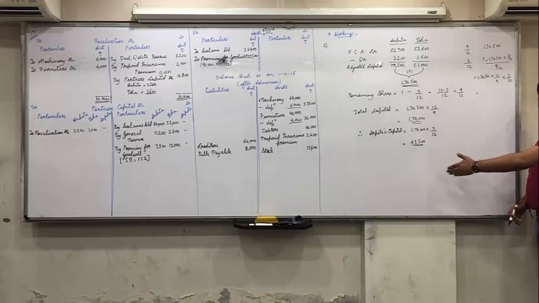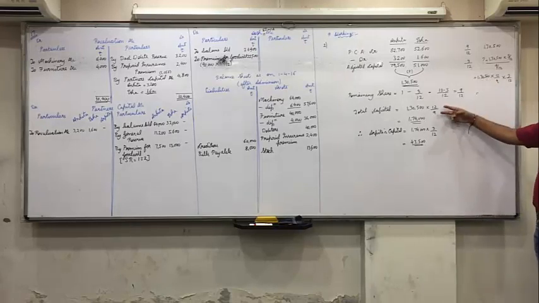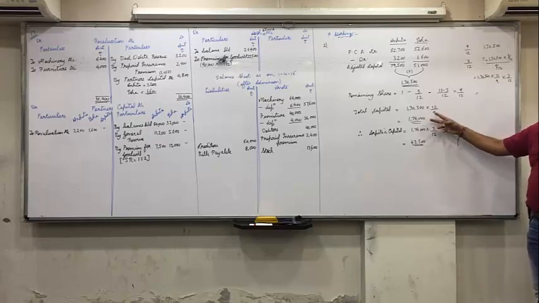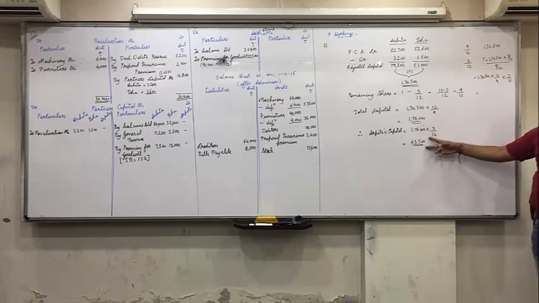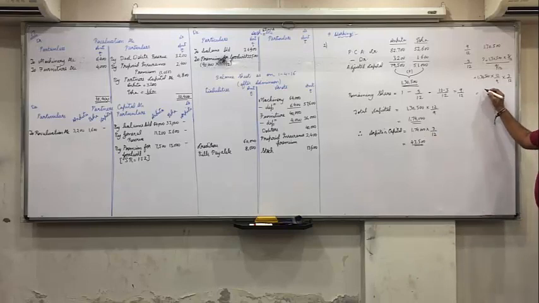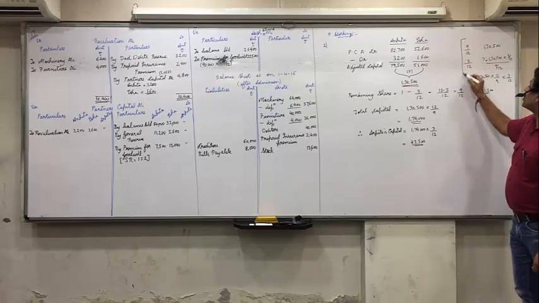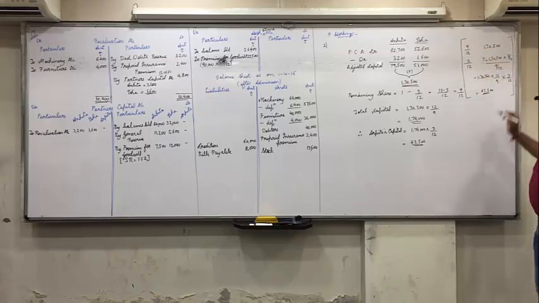That is what we have done here. First we did 1,30,500 into 12 by 9 and got the total capital, and then 3 by 12, which is the new partner's capital. You get the same amount, 43,500. If you can do it with this logic, then there is no need of these steps, if you understand it.